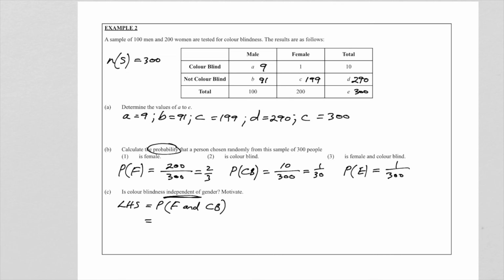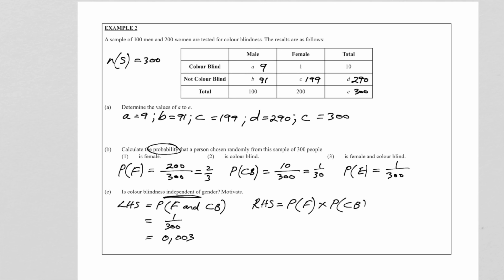Now, as you can see, we did already the and between female and colorblind, and that was 1 over 300. And that, of course, we can take easily to a decimal, which is 0,003.